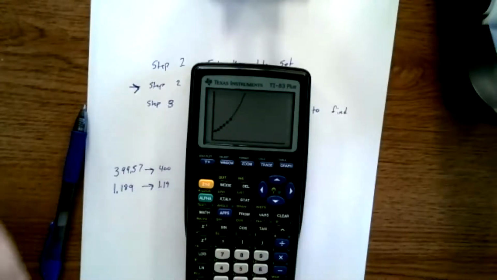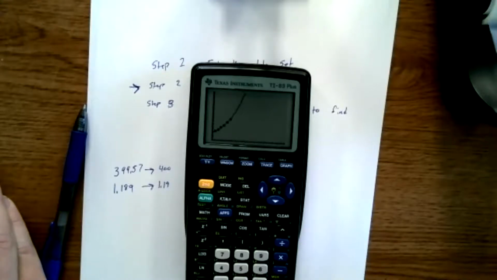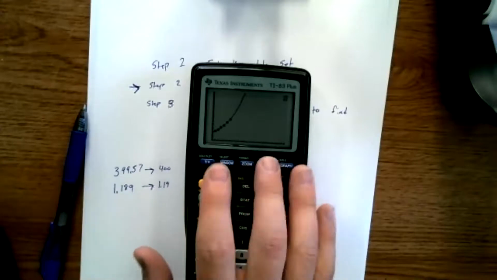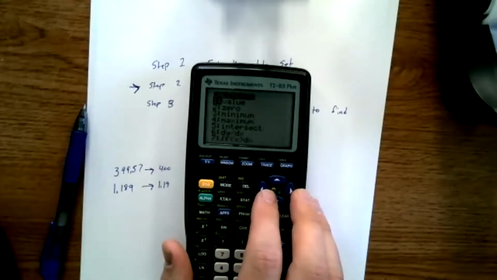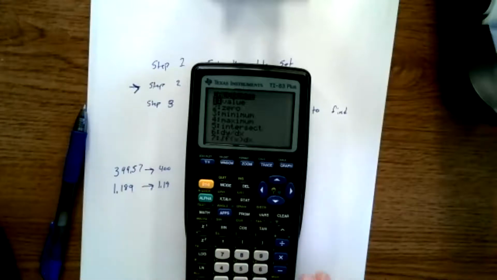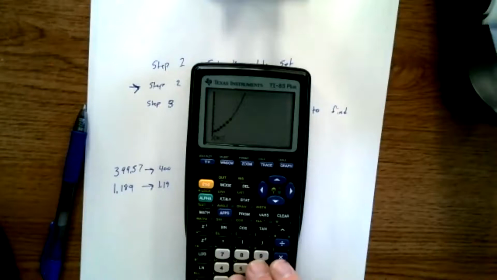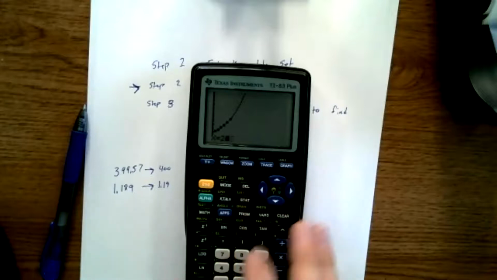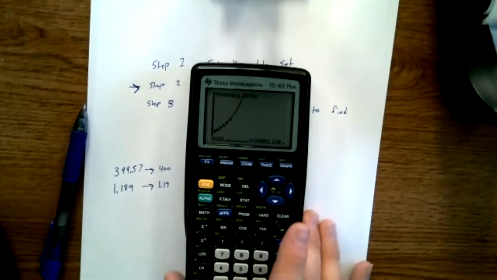Now the key is they wanted us to figure out how many bacteria there will be after 24 hours. So if I hit second calc, to go to where I would calculate the zeros, the minimum and the maximum, and I click value, and I put x at 24. Or this one should be 25 because I had a 0 representative.